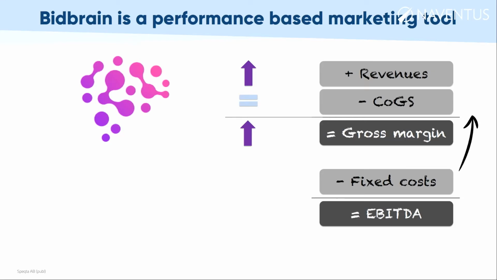So for every crown you put in marketing, you're going to get it back as a return. So this is what BidBrain is doing, either increasing the revenue but keeping the same ROAS, which increases the margin, or you keep the revenues but you reduce the cost of getting that revenue, which increases the gross margin as well. And that is performance-based marketing.